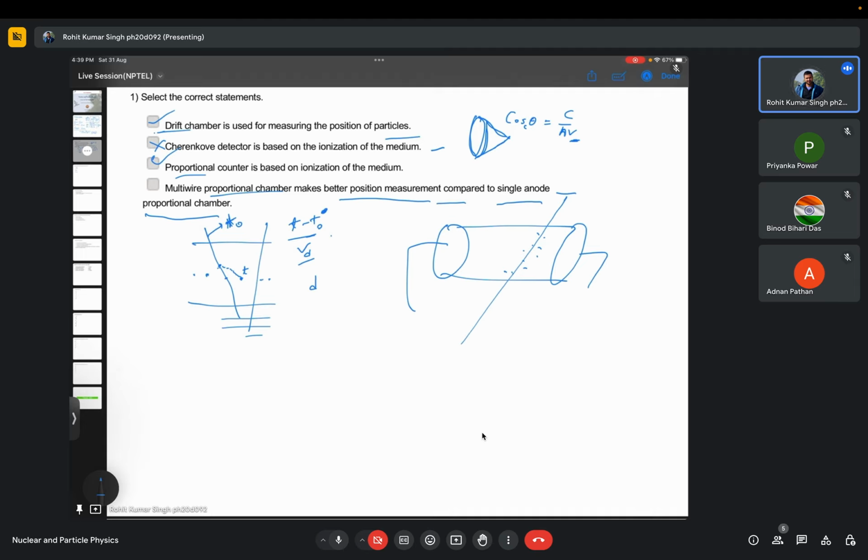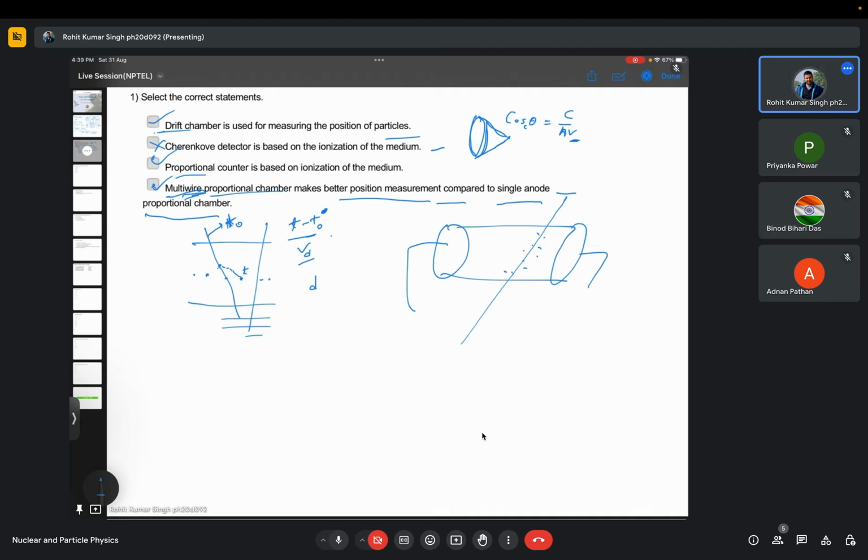Yeah, because here you have multiple wires, so you can see which wire picked up the signal. Then you will have some idea of where the charged particle has passed. These were used in old times. Right now no one uses these things because we have very sophisticated detectors now.